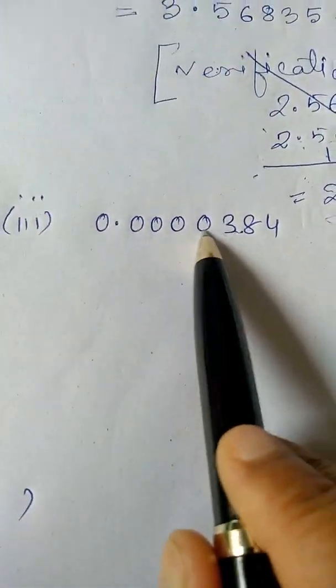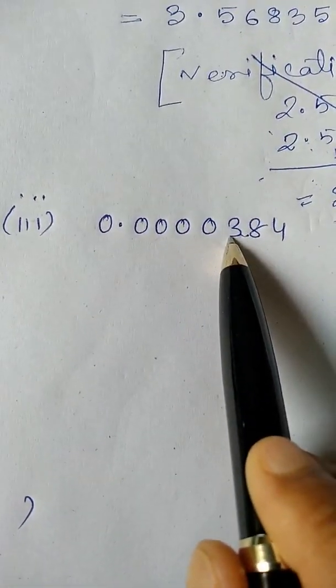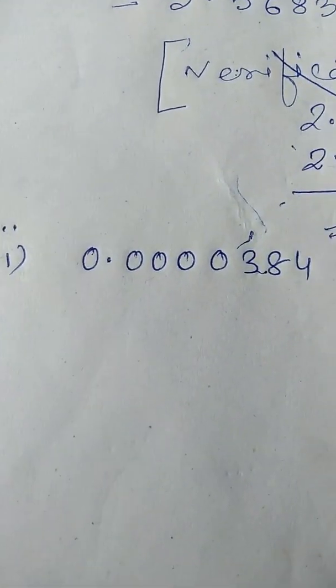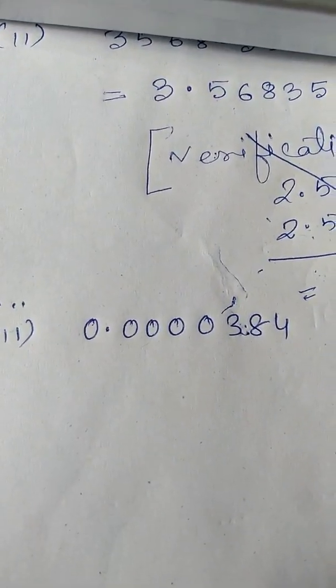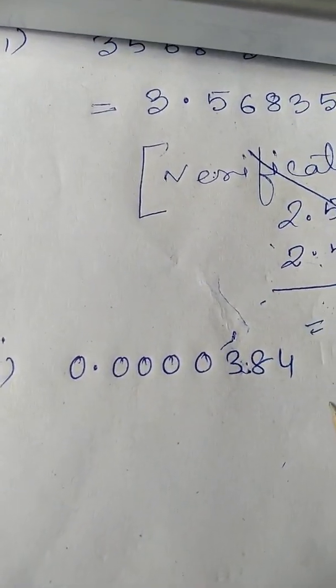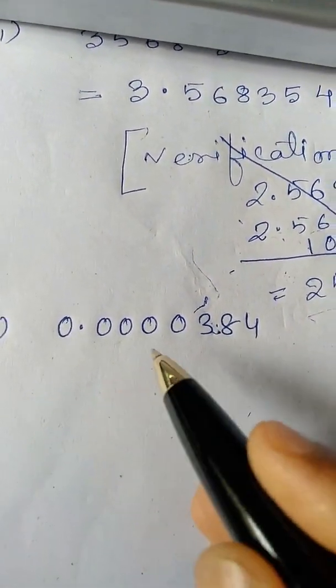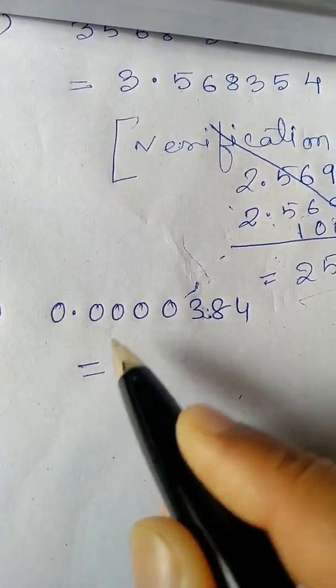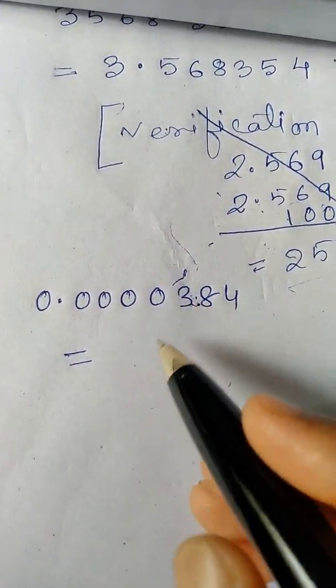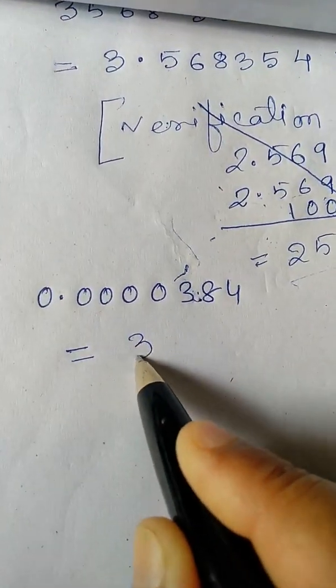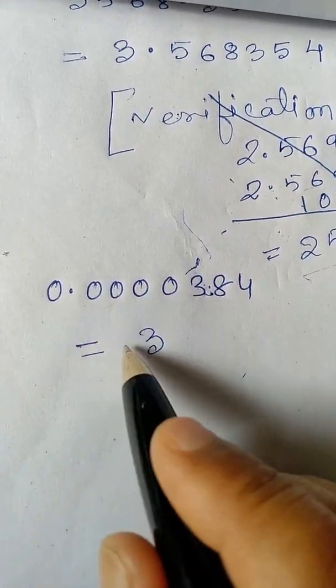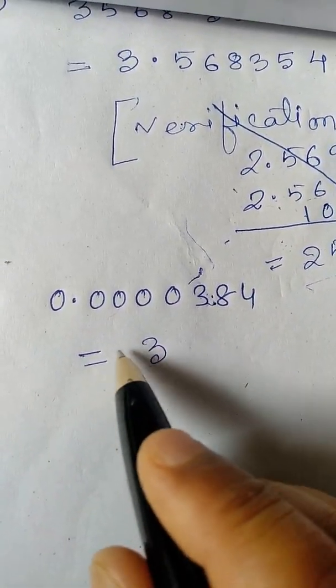Before 3 there are only zeros, so you have to take the point after 3.